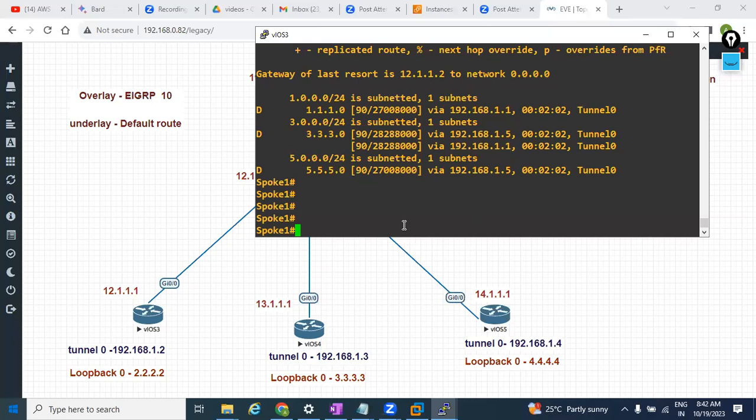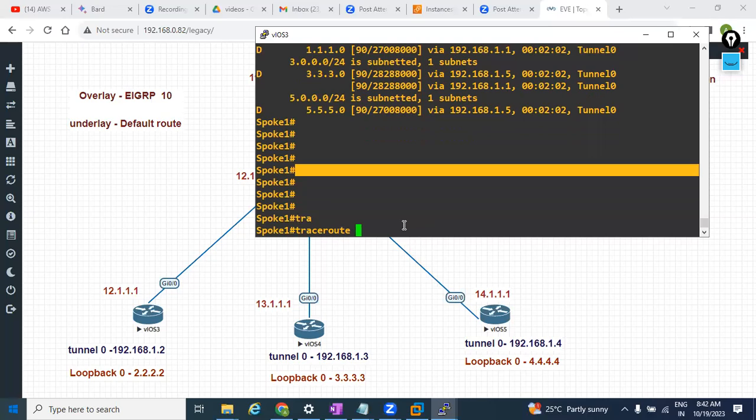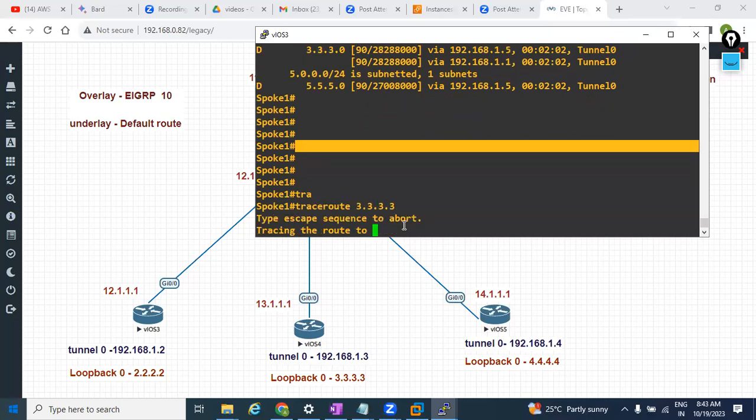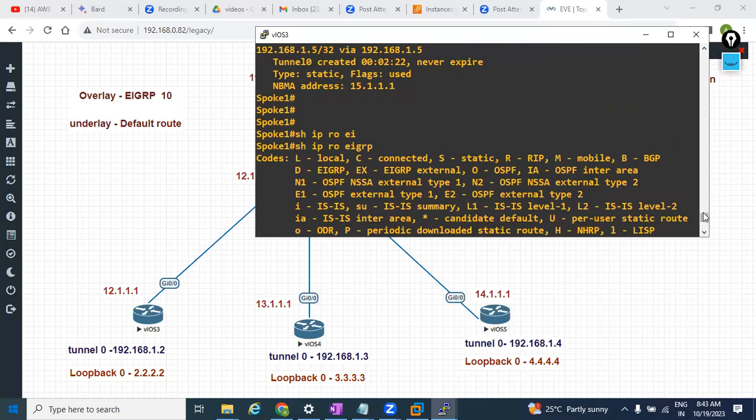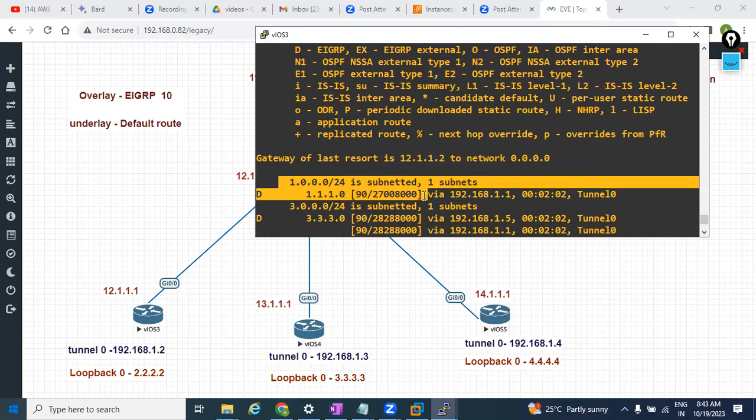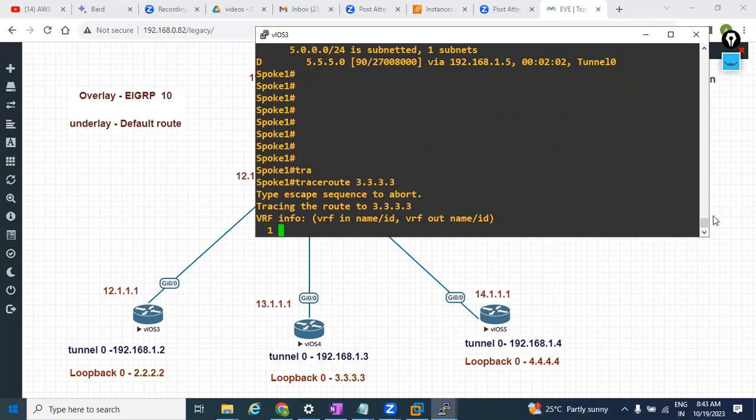If I do a traceroute here with 3.3.3.3, because in the traceroute, who is my 5? This is my hub 2, and who is 1? 1 is my hub 1 here. So I'm not talking about it because that is directly connected, since I have direct neighborship. I'm just talking about this one right now.